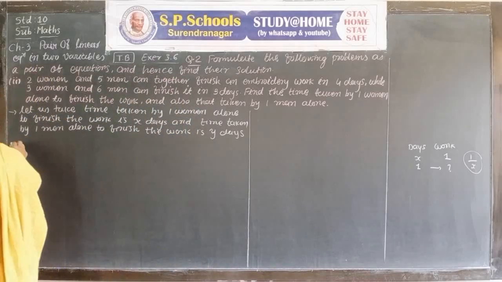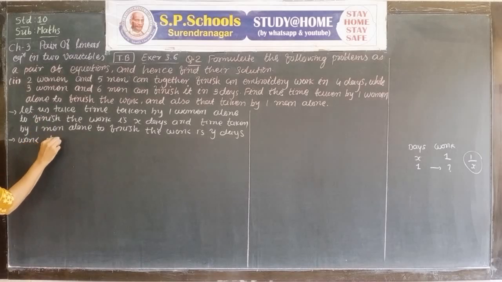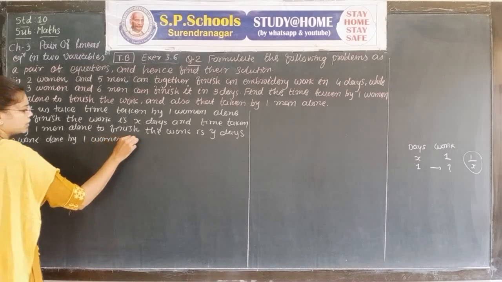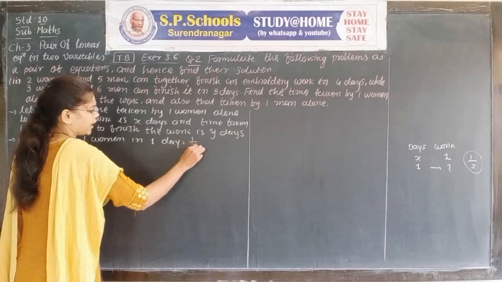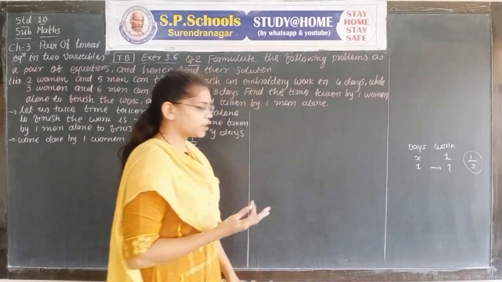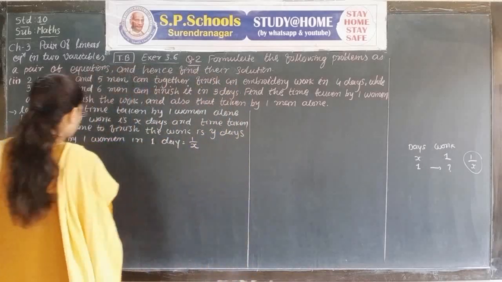Therefore, first of all we need to find the work done by 1 woman in 1 day, which is equal to 1 upon x. How is it possible? Using days are x, the work is complete work, meaning 1. If 1 day, then what is the work?